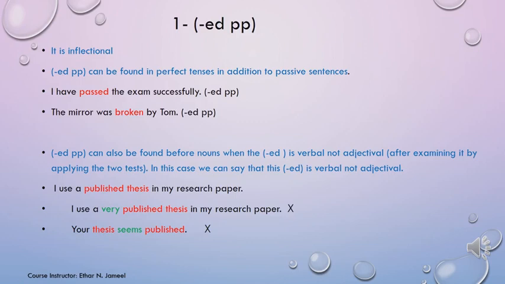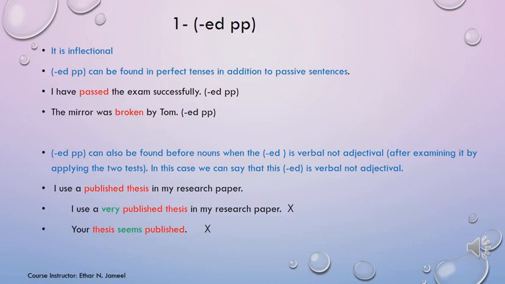Let's have an example. I use a published thesis in my research paper. In this sentence, we have an -ed form, published, that comes before a noun, thesis. So thesis is a noun, published is the -ed form.